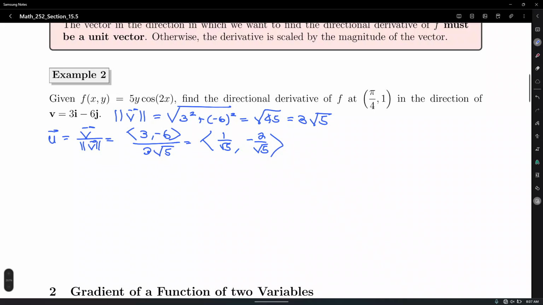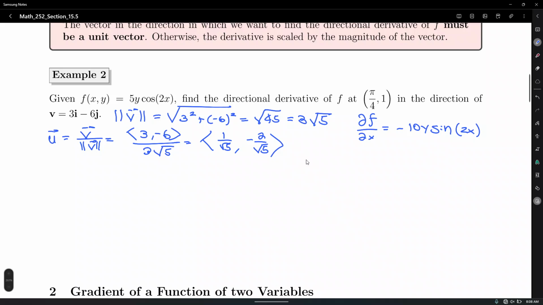So what else do we do? Okay, let's find the partial derivatives. For the partial derivative with respect to x, that equals negative sine of 2x, not cosine, negative sine, times the mini chain rule, times 2. But that 2 times the 5y is going to be 10y. The minus comes from differentiating the cosine, which is negative sine. So that's our partial derivative with respect to x.